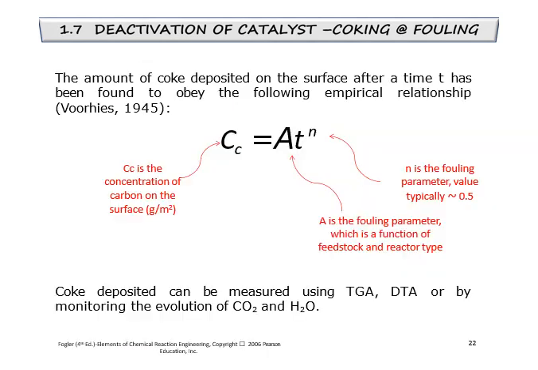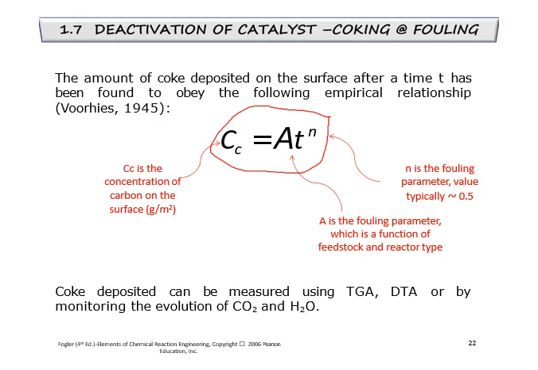Okay, the amount of carbon that is deposited on the surface over time actually can be calculated using this theoretical equation. So C of C is the concentration of carbon on the surface.